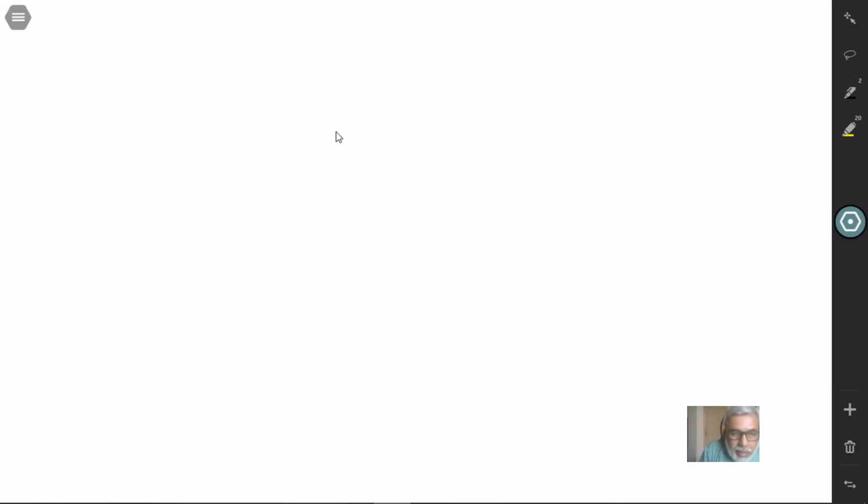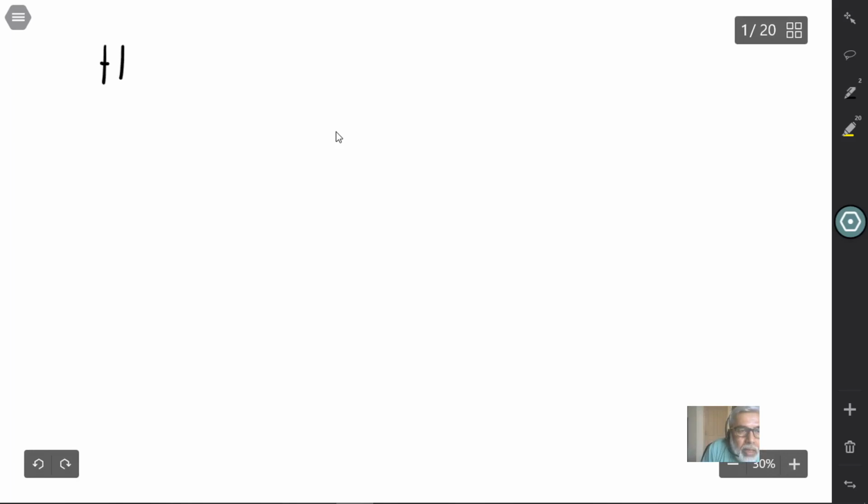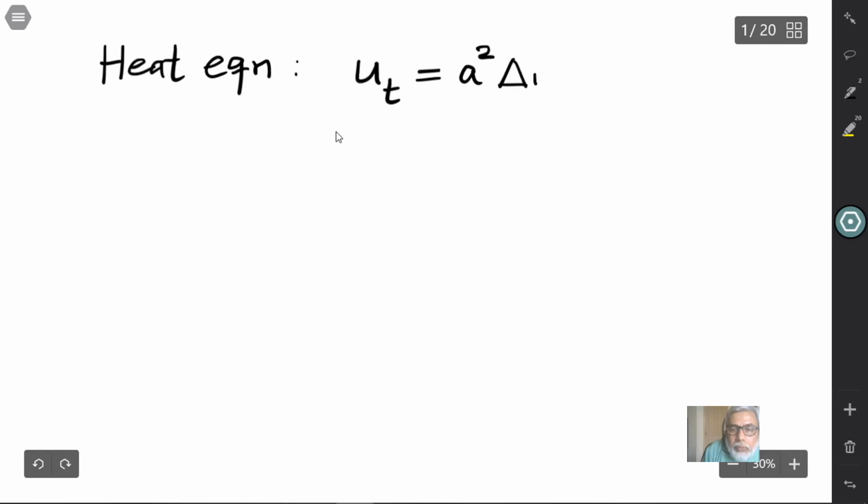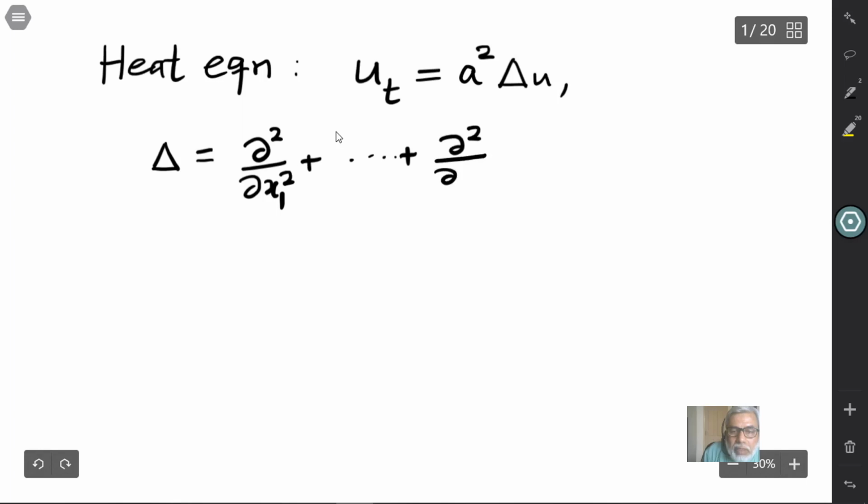This is given by u sub t is equal to a square Laplacian u, where Laplacian is given by, so this is the Laplacian in n dimensions.